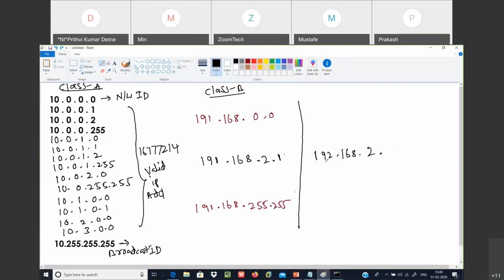Finally, you tell me, guys: for 192.168.2.10, what is the network ID of this IP address? 192.168.2.0.